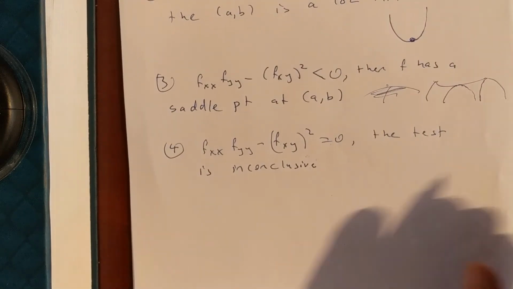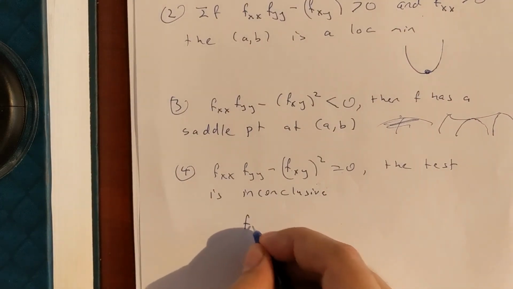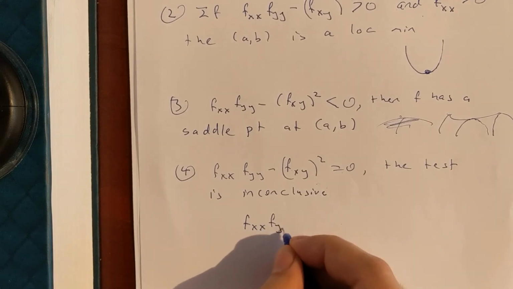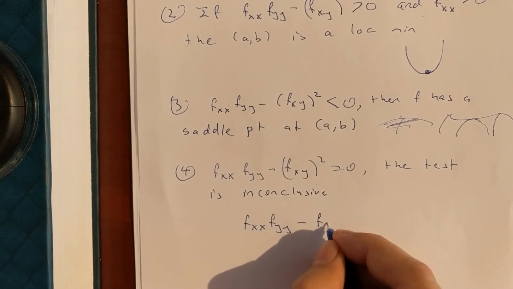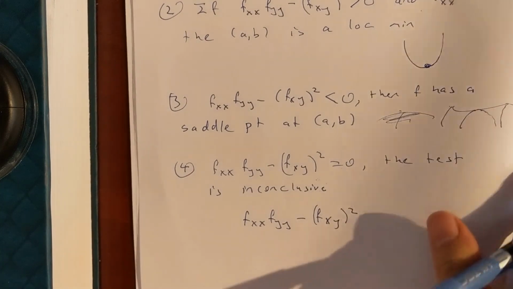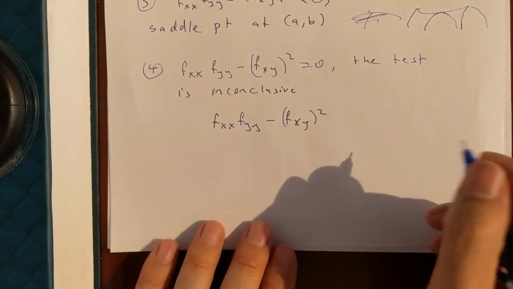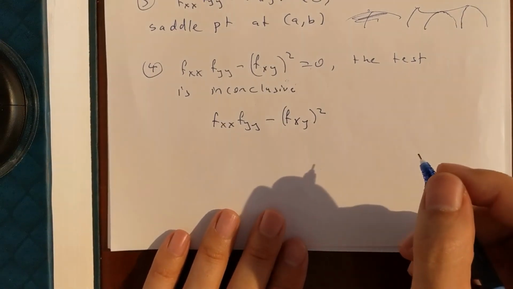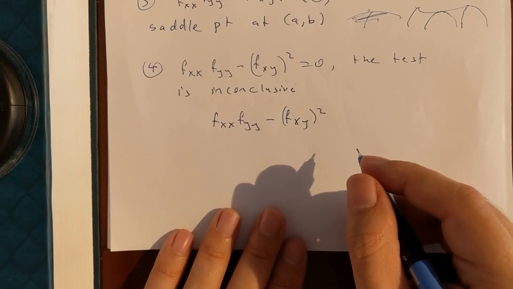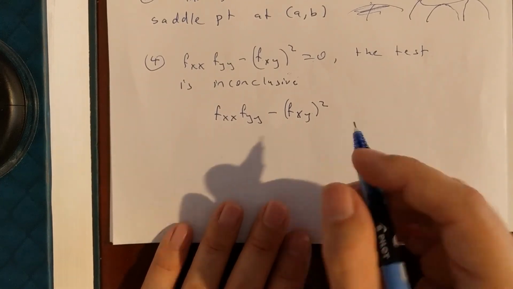So where does this term come from? What is this term fxx times fyy minus fxy squared? Why is it called a discriminant? Because it's a determinant of a matrix. If you know a little linear algebra, I'm going to write down the determinant for you. If you don't, that's fine, just memorize it.